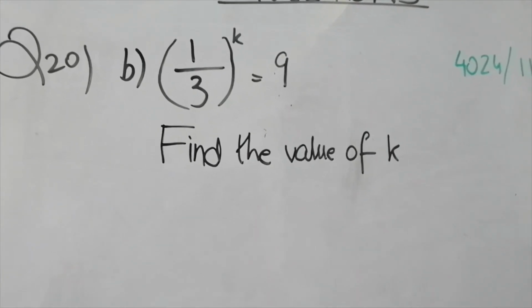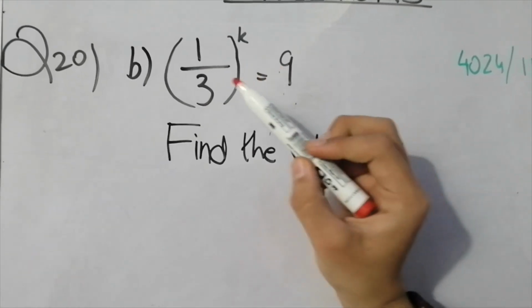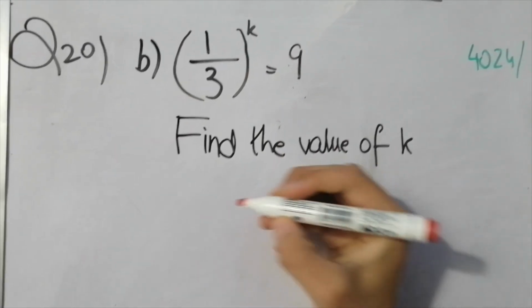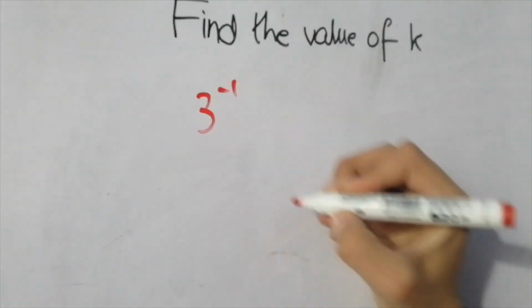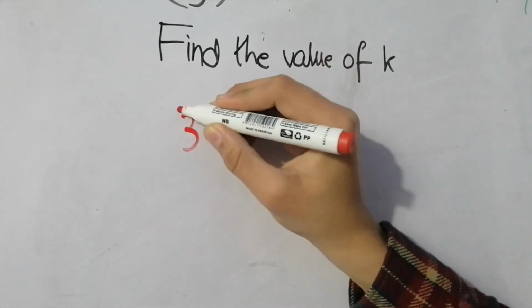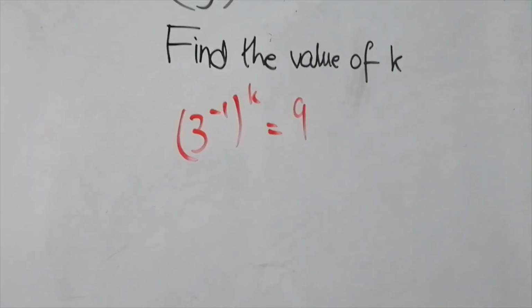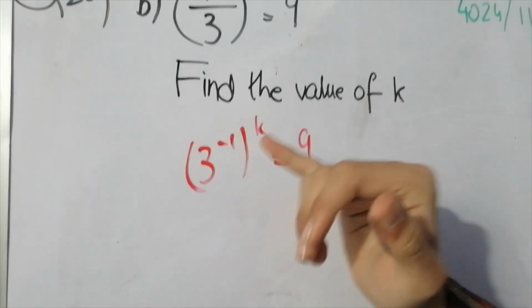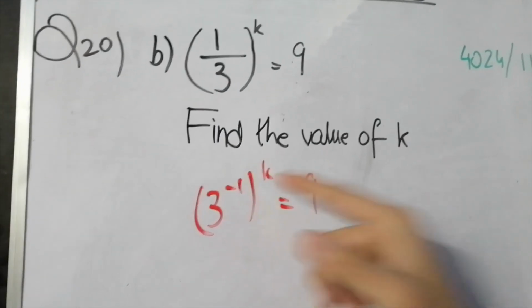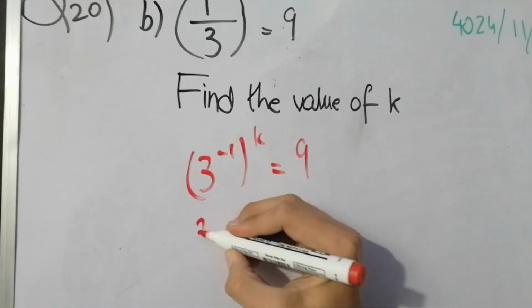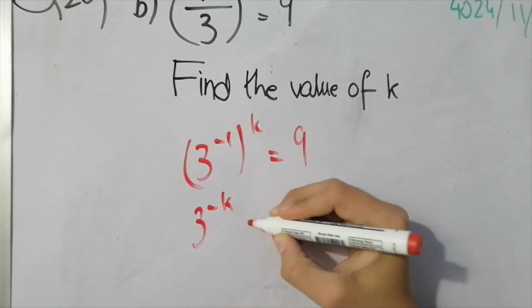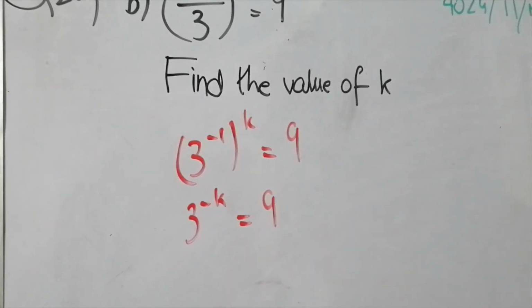First of all, 1 over 3 can be written as 3 power minus 1 whole power k equals 9. Now we use the bracket rule to multiply these two. This becomes 3 power minus k equals 9.